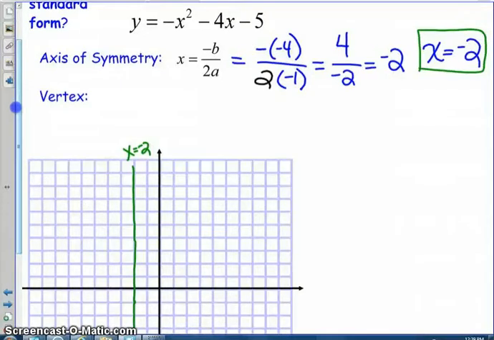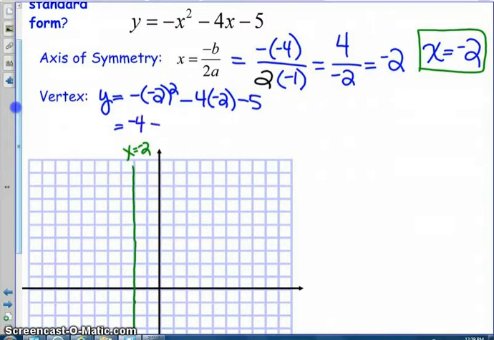So I need to plug that x value into my original equation. Into this y equals negative x squared, I'm going to plug in negative 2 for x. So here I'd have the negative of negative 2 squared, the negative of 4, minus 4 times negative 2, which is negative 8. It's actually going to be plus 8 minus 5.